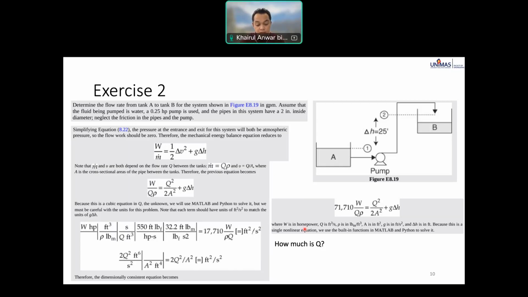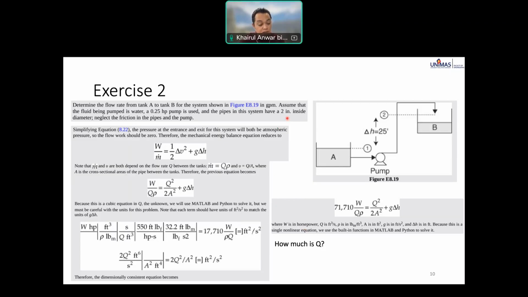Divided by area squared. The question has given you the diameter here, so this is the cross-sectional area.